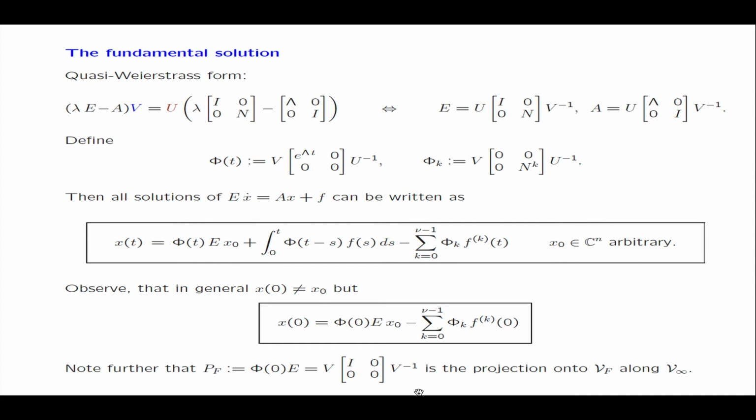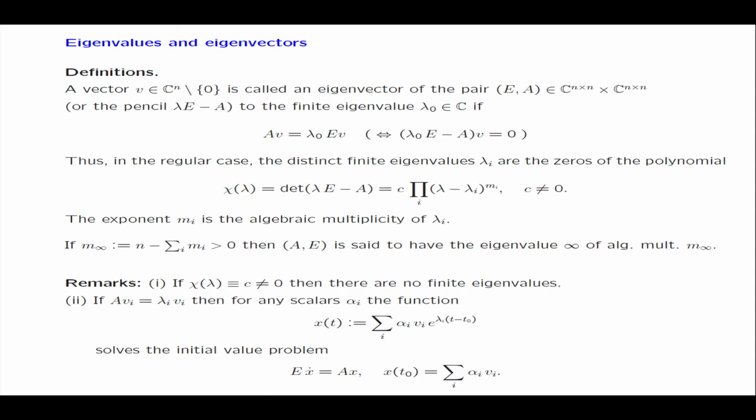So this is a projection which projects this part away. Okay, this slide can be considered to be old because I generated a new one, so this will move out.